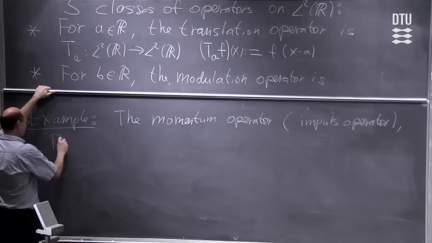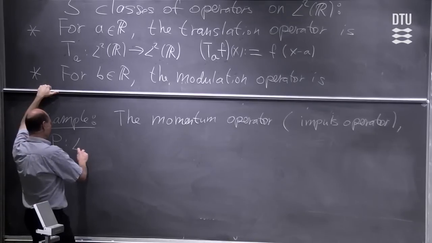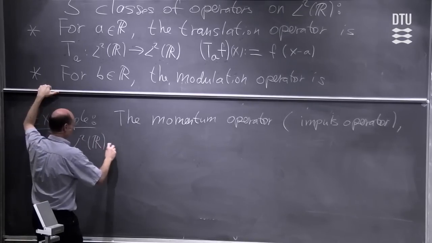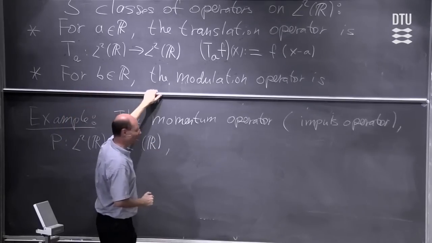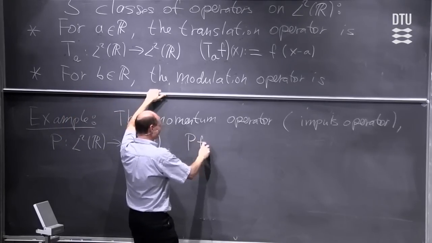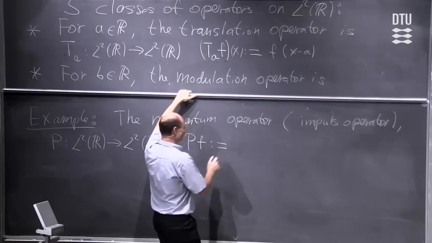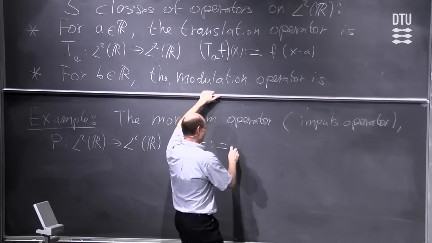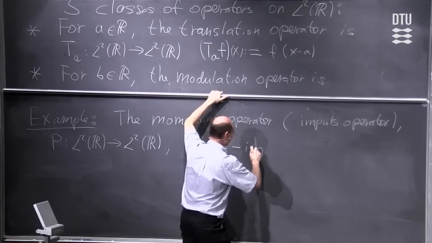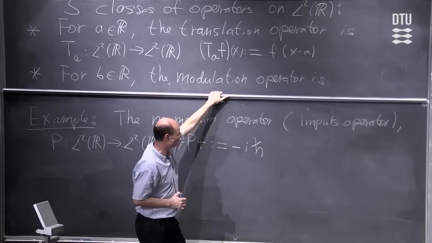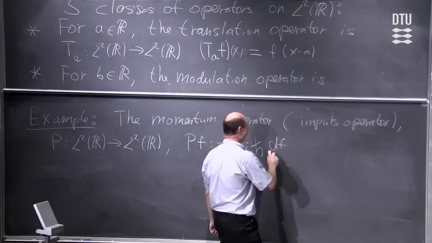The name will be P, and we want it to be an operator going from L2 of R into L2 of R. The way we define it is that the action on a function f in L2 should be just a number, and this number is minus the complex unit times a certain constant, which is denoted by h with a slash in the middle, and then we take the derivative of the function.